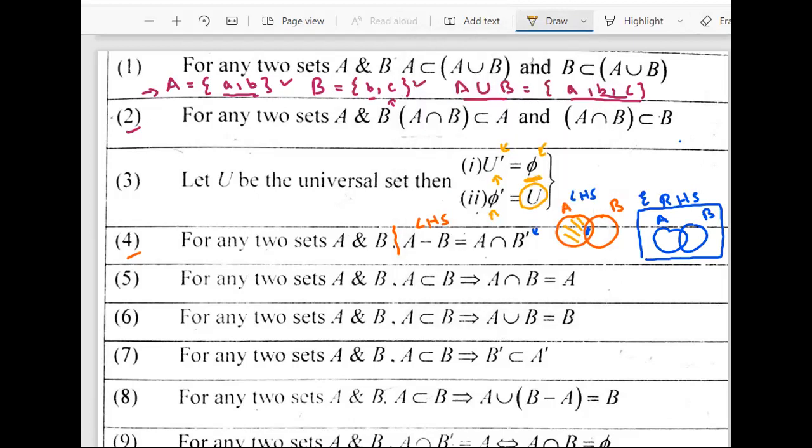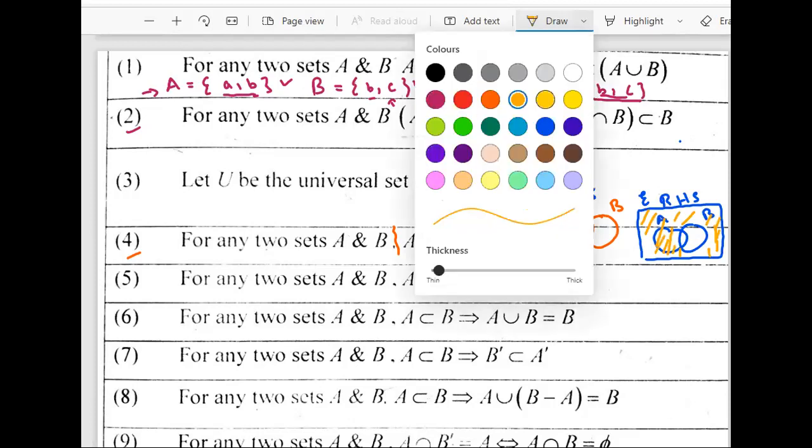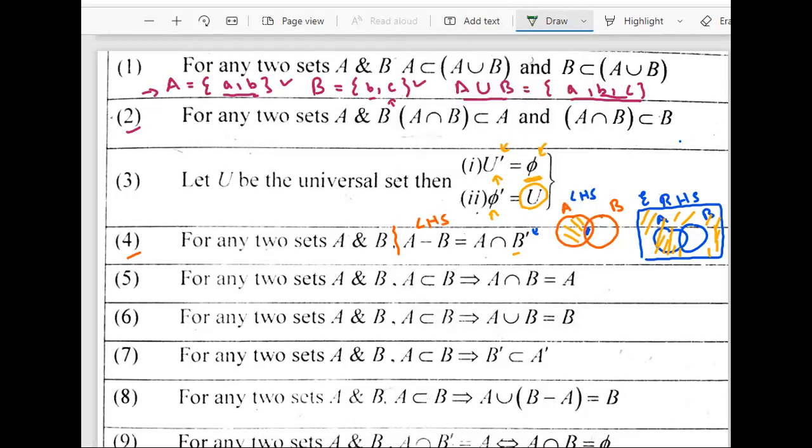So for A intersection B complement, let's first shade B complement. B complement is going to have everything except B. And the intersection of this yellow region with A will give me this part only, right? So the green part and the yellow part of this set, they are the same. This is how we can prove the left and right hand sides of this equation. Did you understand this?